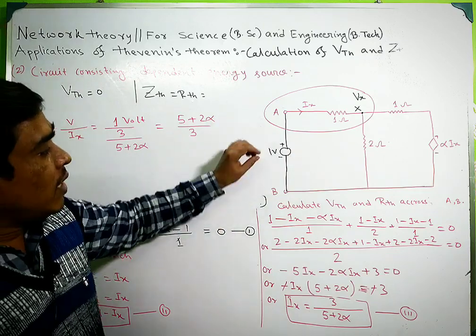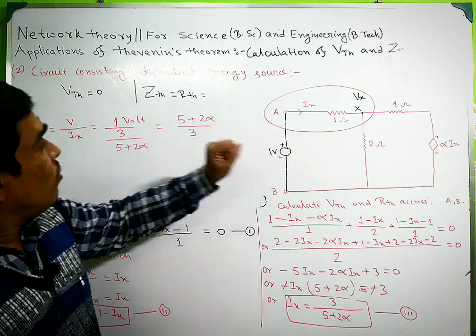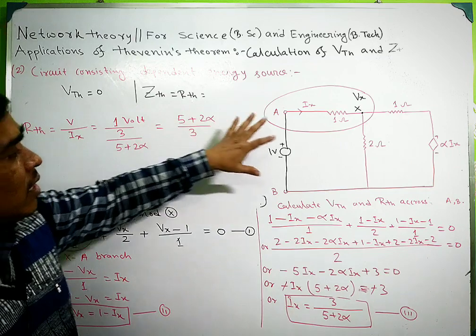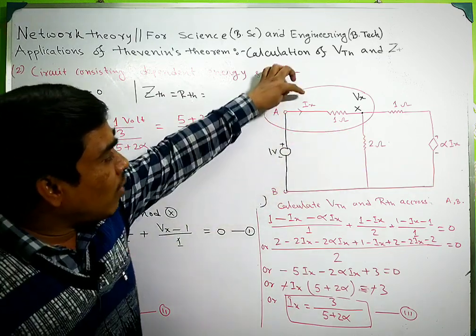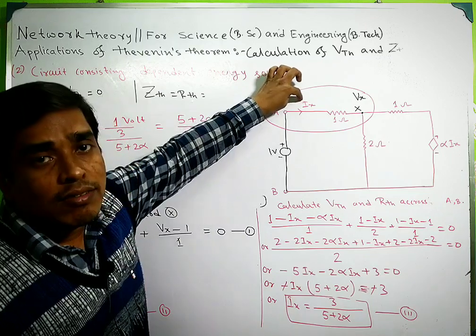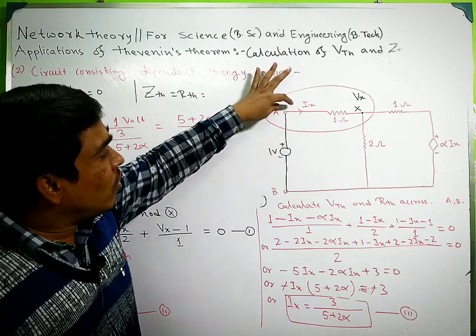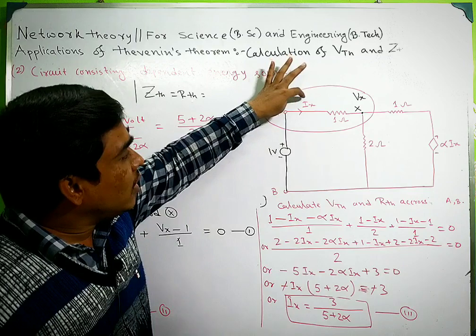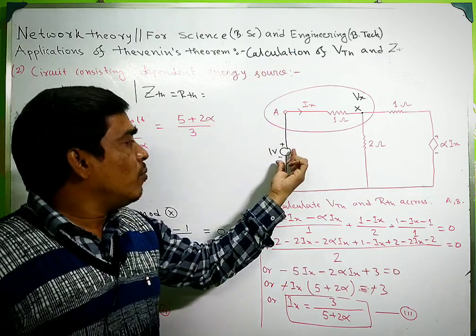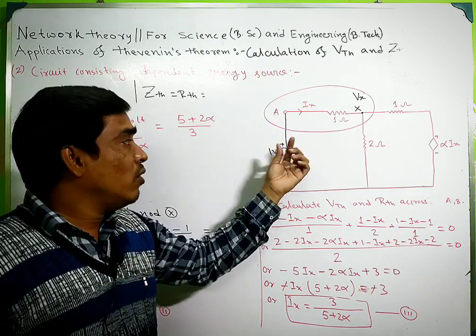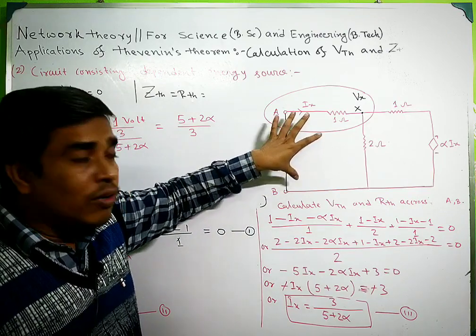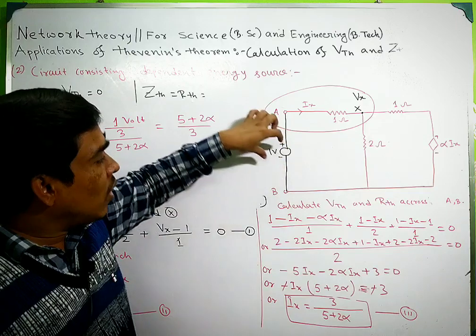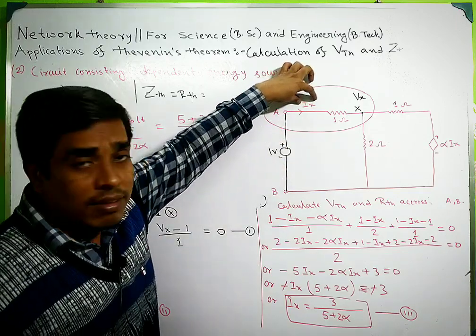So if I want to calculate the RTH of this circuit, I have to calculate this Ix from the 1 volt voltage source. The equivalent resistance across these two terminals is this voltage divided by this current.